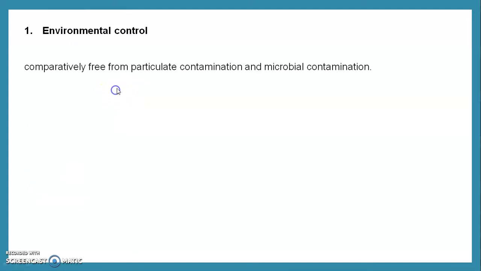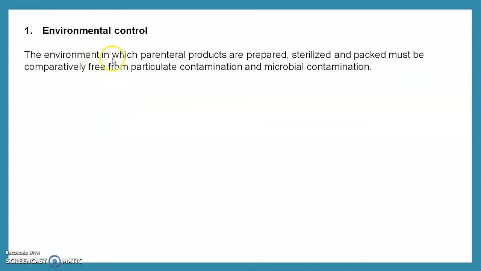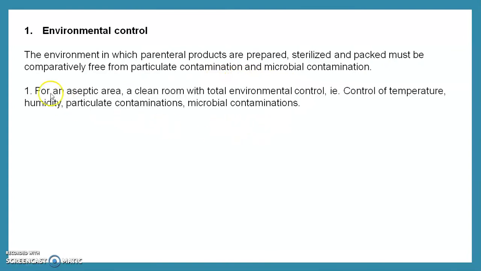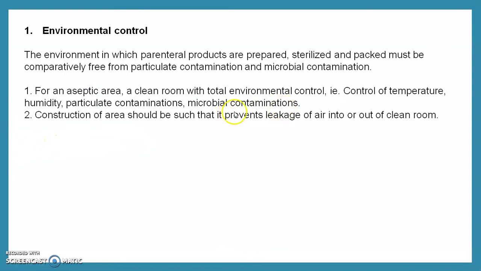We see the environmental control. The environment in which the parenteral products are prepared, sterilized, and packed must be comparatively free from particulate contamination and microbial contamination. For an aseptic area, a clean room with total environmental control is needed, that is control of temperature, humidity, particulate contaminants, and microbial contamination.